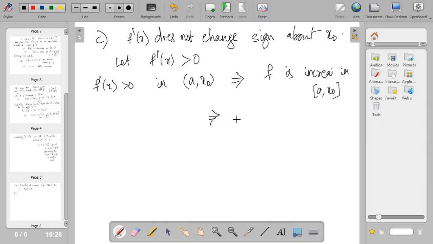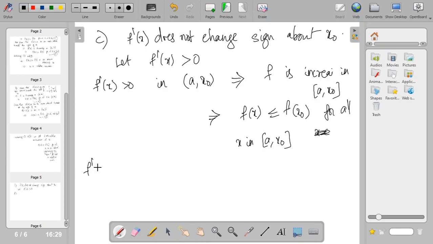If f is increasing, that will give f of x less than or equal to f of x naught for all x in the closed interval a to x naught. There we get f of x naught greater than or equal to f of x.